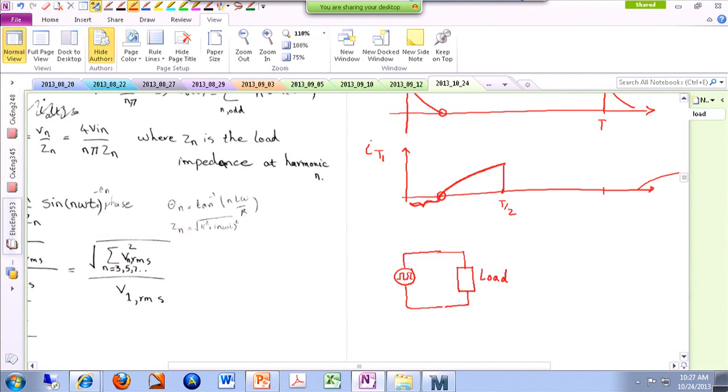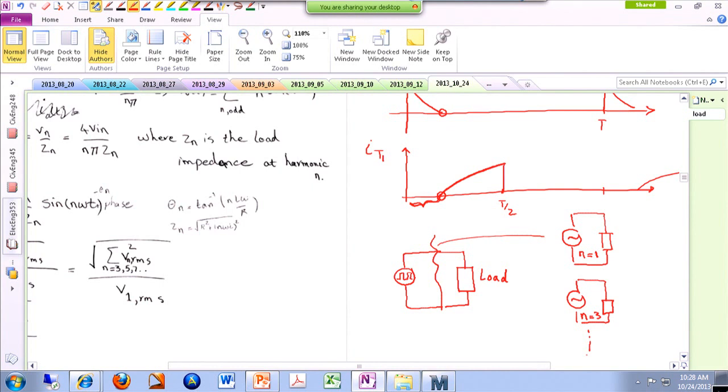I can break this source down to a bunch of harmonics. For instance, the harmonic that appears at n equals 1, and then the harmonic that appears at n equals 3, and so on and so forth.